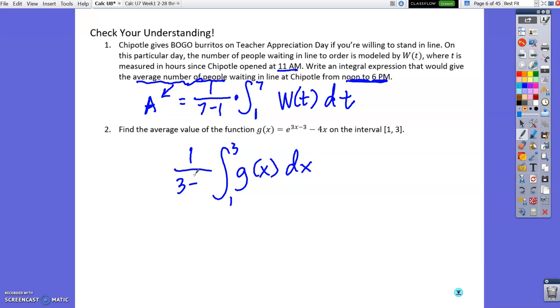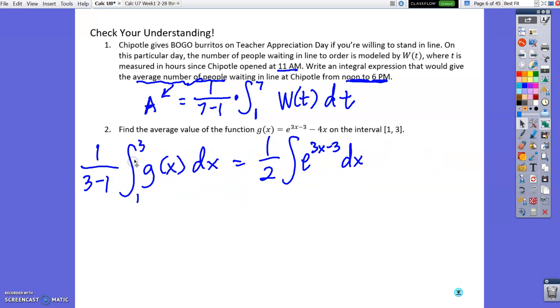So you've got your average value function, so 1/2, and then the integral can be broken up into 2 pieces. I'm going to go ahead and move the whole thing over. Good. 2 pieces.